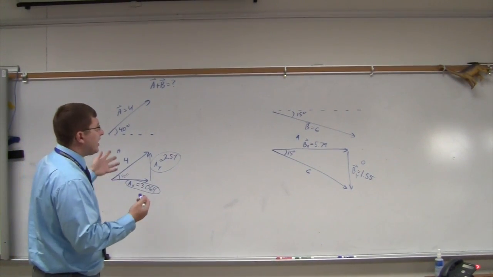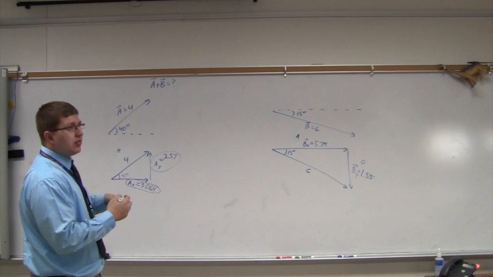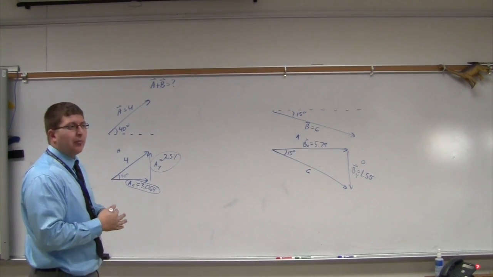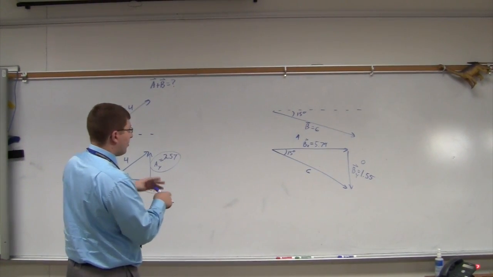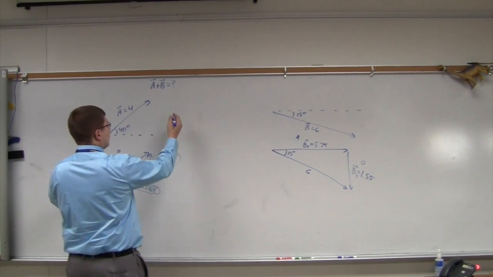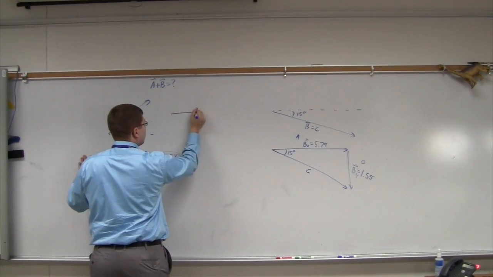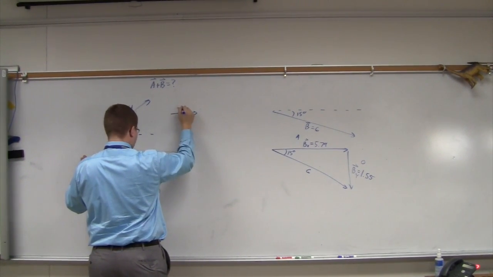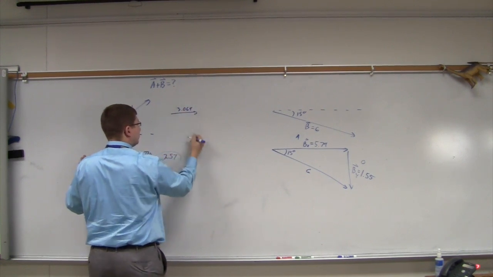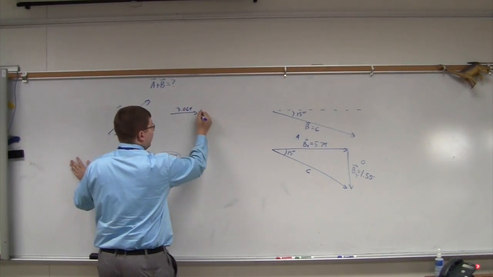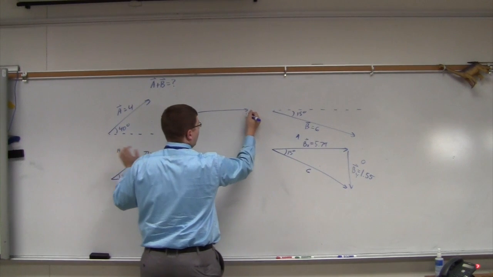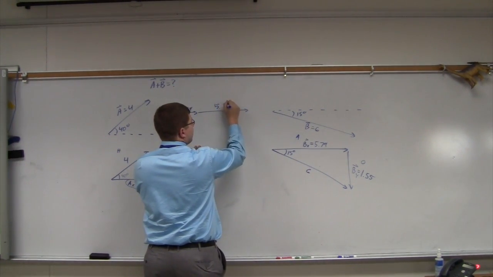Well, now what we really have here, if you think about it, is 4 vectors that we have to add up, not 2. So with these 4 vectors, what I see is I see an Ax of 3.064. I see a Bx of 5.79.